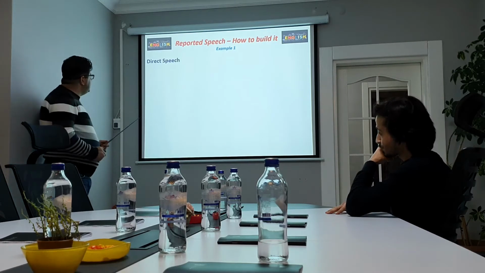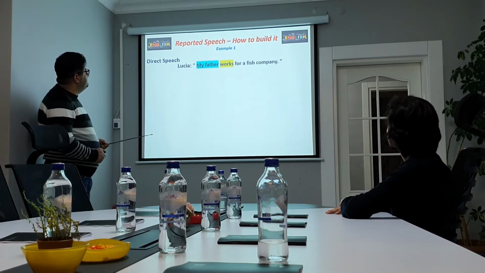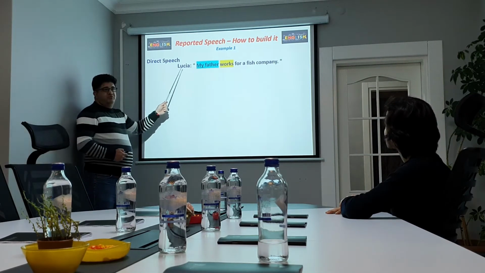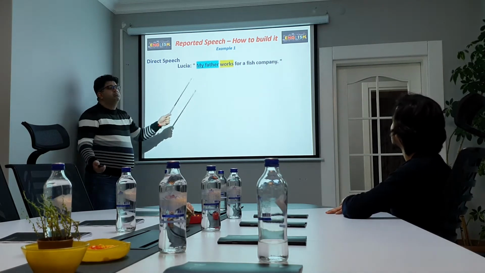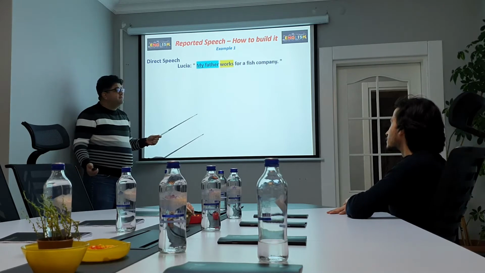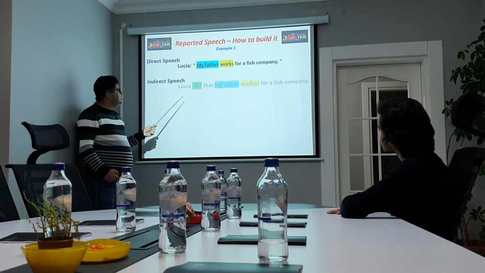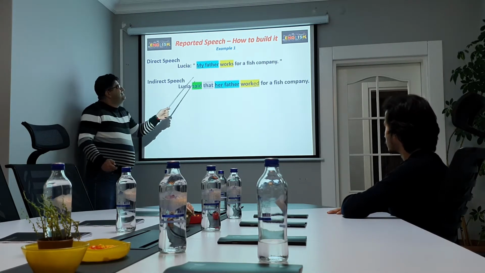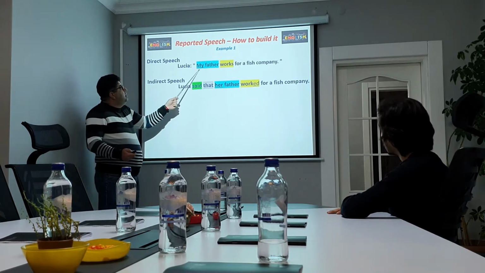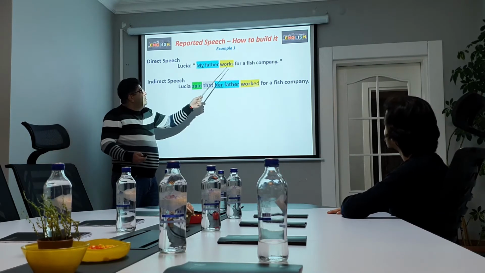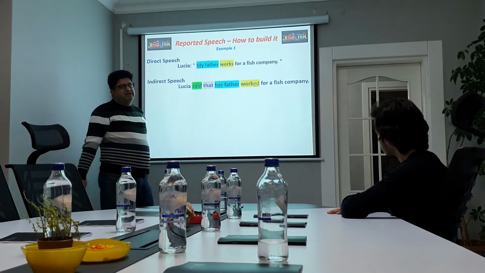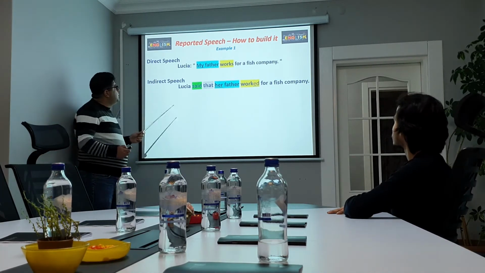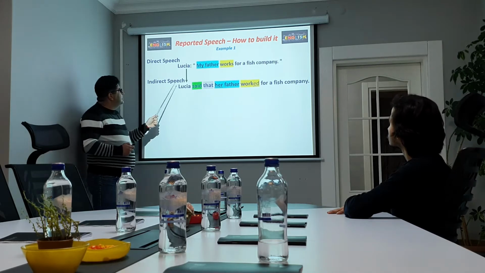Okay, so let's see another example. This is a direct speech of Lucia. Lucia says, my father works for a fish company. In indirect speech, Lucia said that her father worked, one past, for a fish company. That's an indirect form. So what exactly changes?